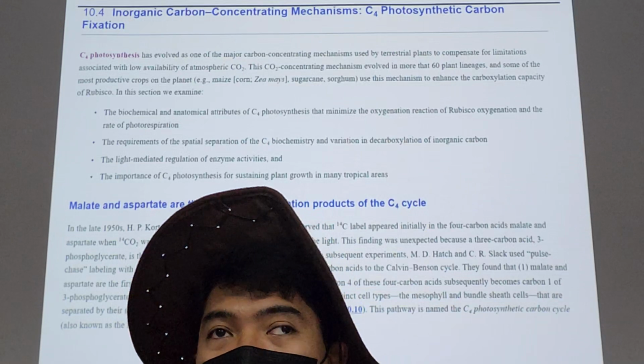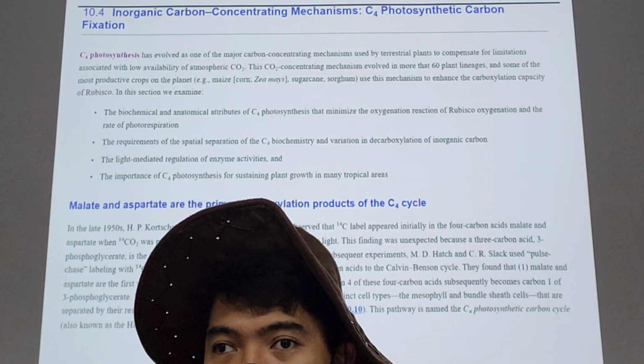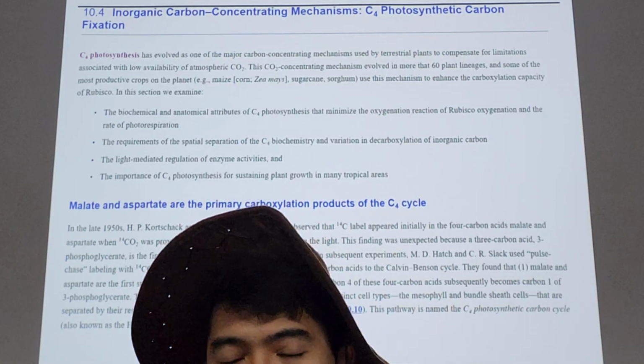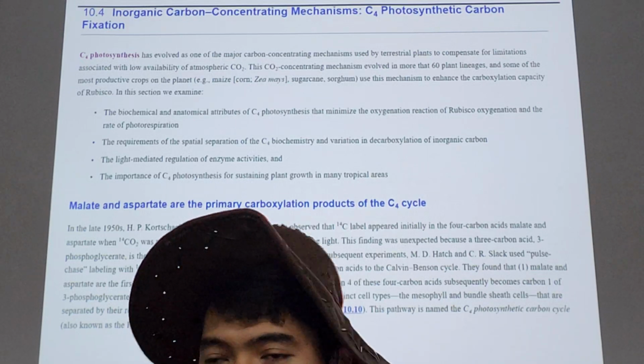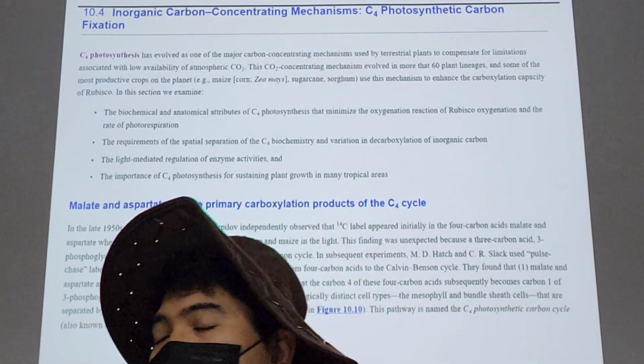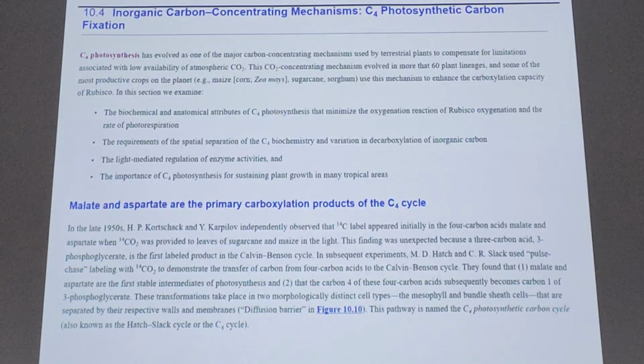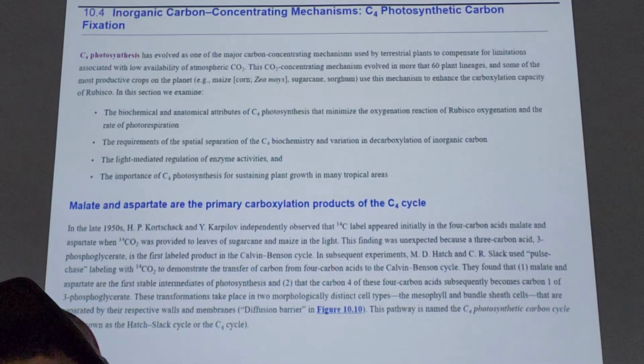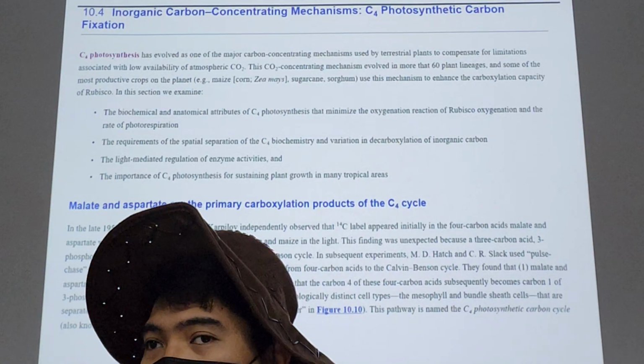The problem is Rubisco is not equipped for this. It's kind of happy in high CO2, but not in high oxygen. However, it still needs to do the job, but it doesn't really evolve until now.